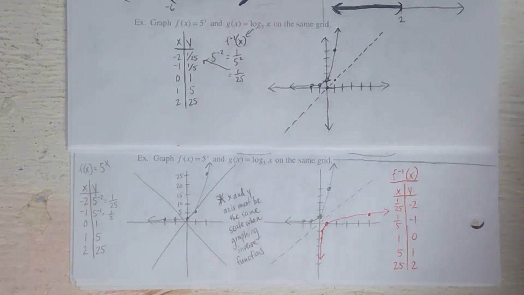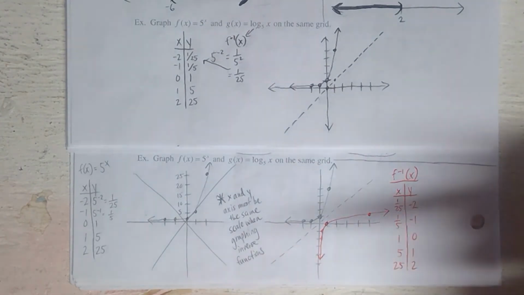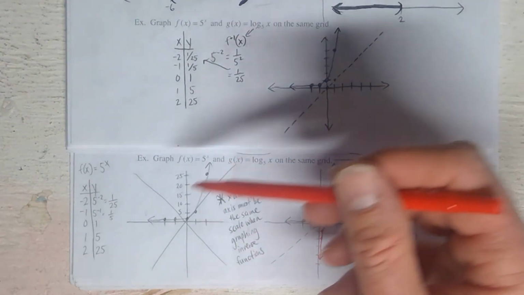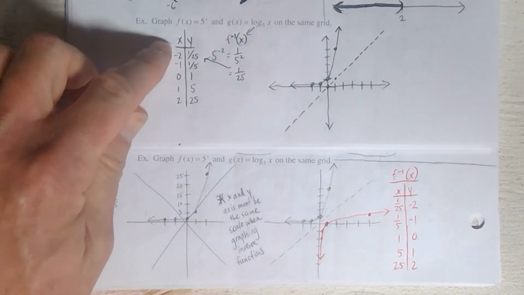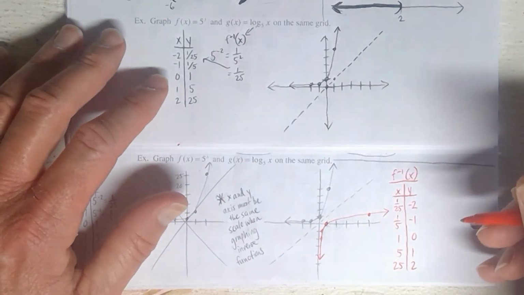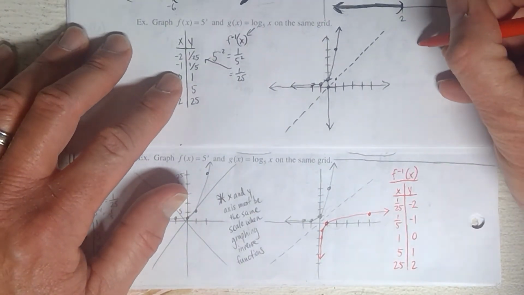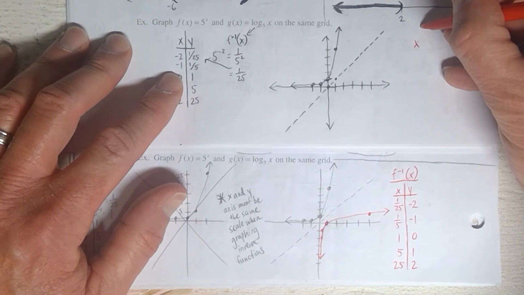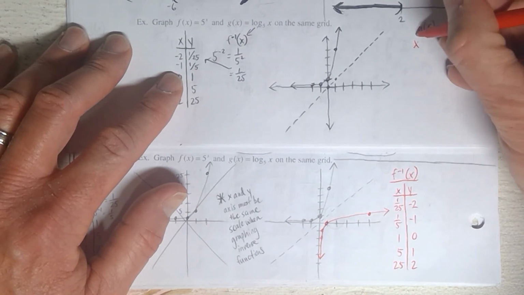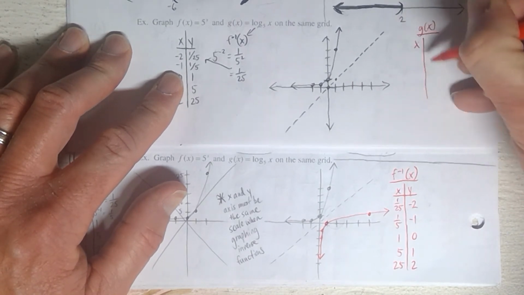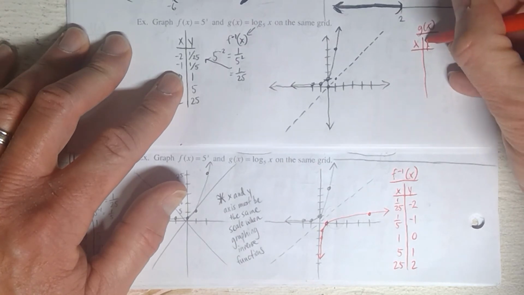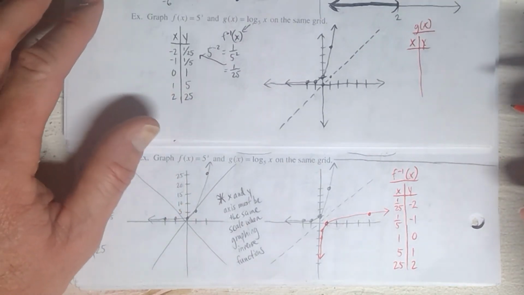And then what did we say about inverse graphs down here in the previous section? We said that if these 5 points are your original points from the original graph, then for g of x, which is the inverse, your chart would be the same exact numbers, except the x's and y's would be flip-flopped, wouldn't they?